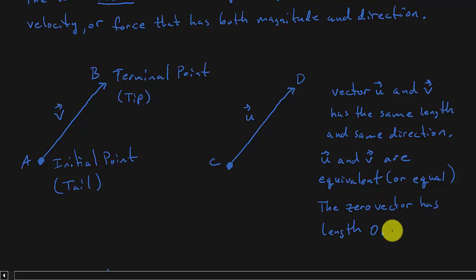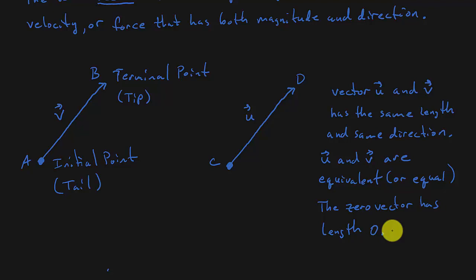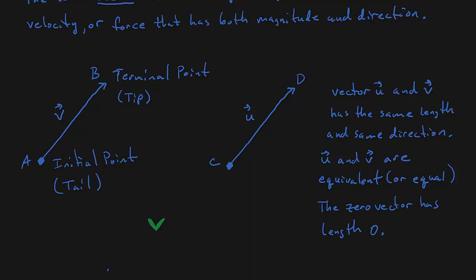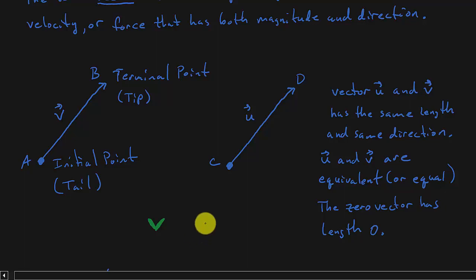Now, the way that we represent a vector, you'll see it in textbooks, on the internet, and in your homework. To represent vector v, they would use a bold letter. But it's hard to draw bold letters, so what we do is draw V and put an arrow over it.